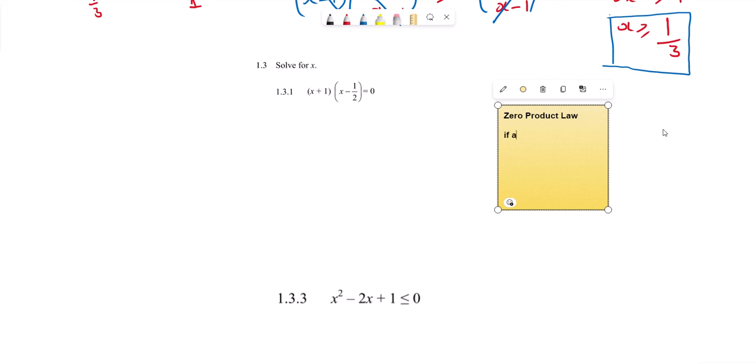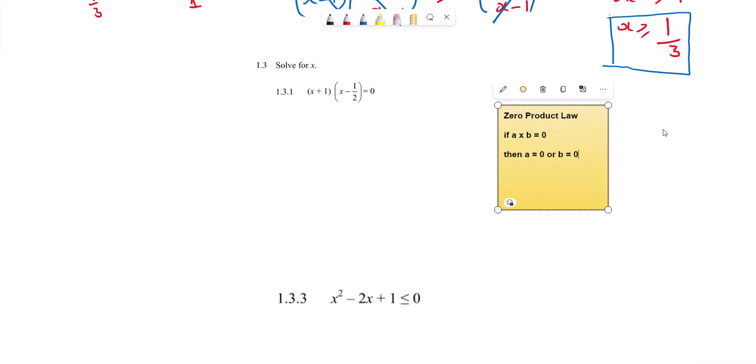If a times b is equal to 0, what do you think, guys? Then a is equal to 0 or b is equal to 0.